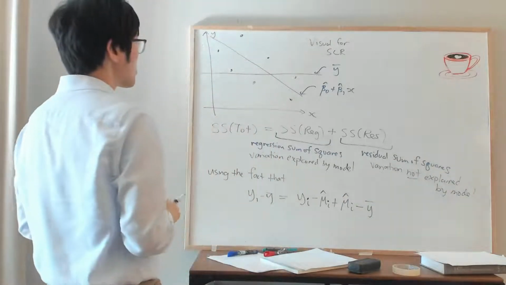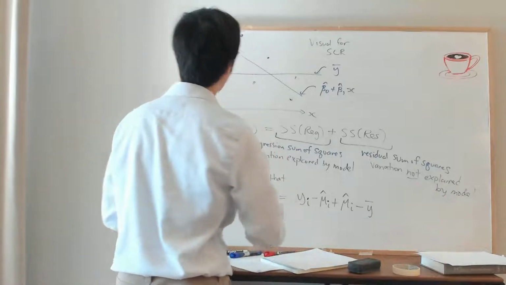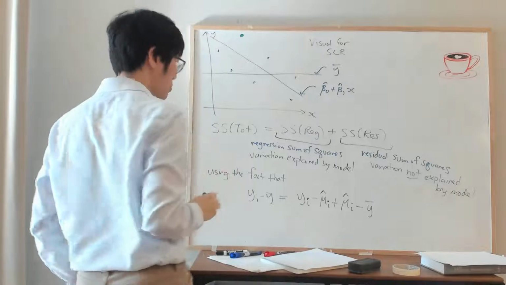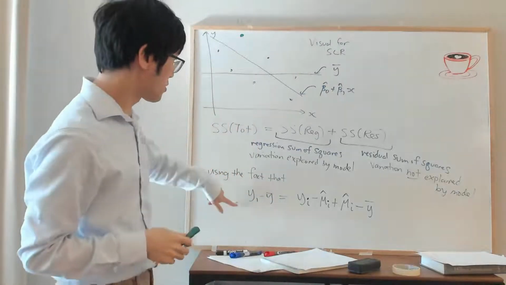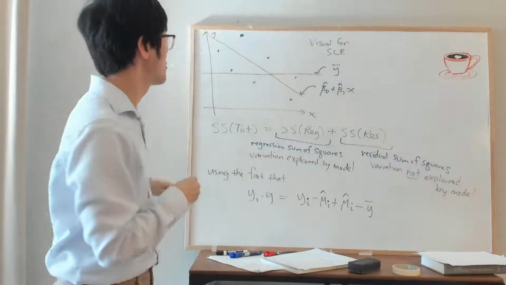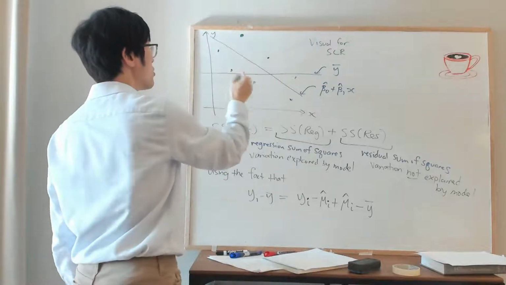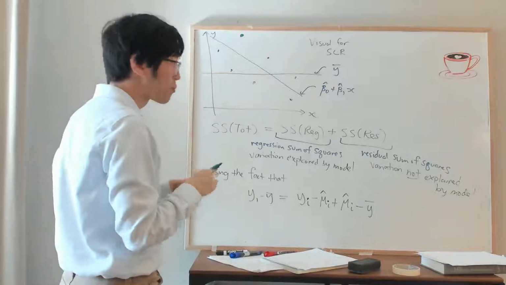Now let's look at one particular point, say this point. Let's look at this quantity, yi minus y bar. This is the point I'm interested in, and yi minus y bar is this difference from this point to the y bar horizontal line.